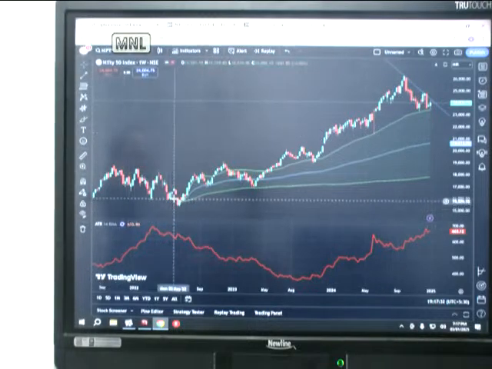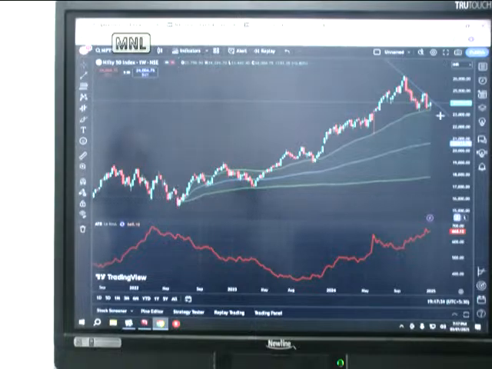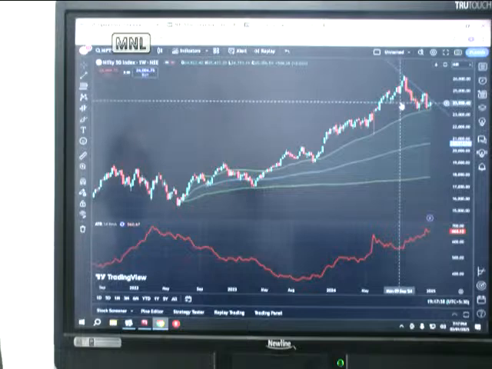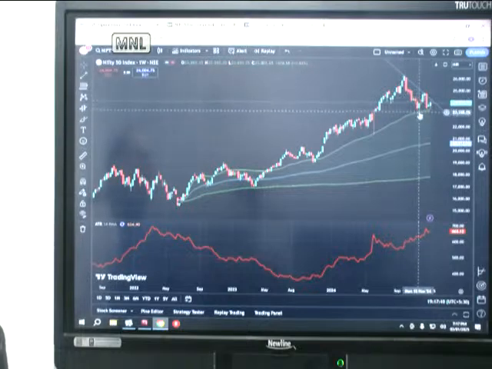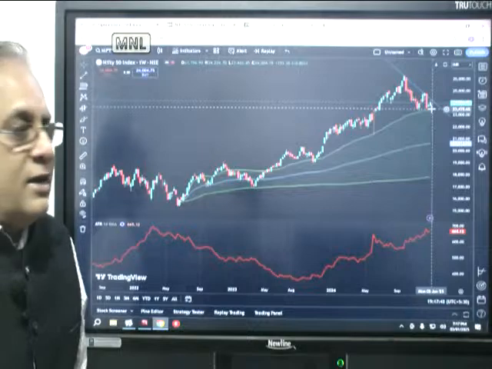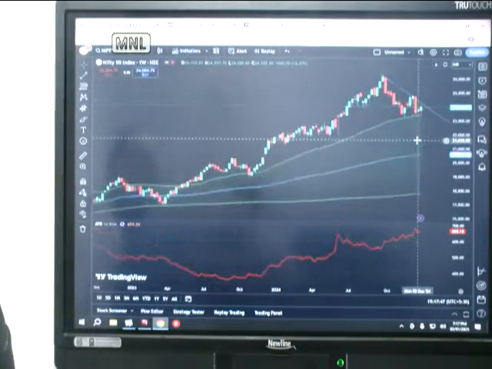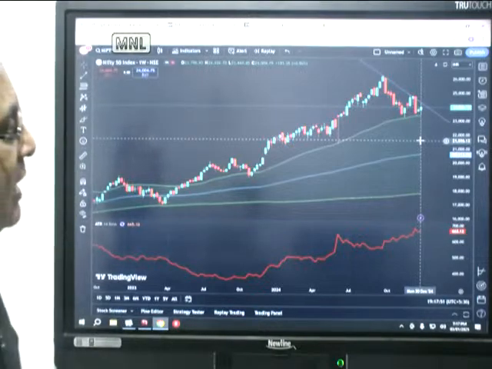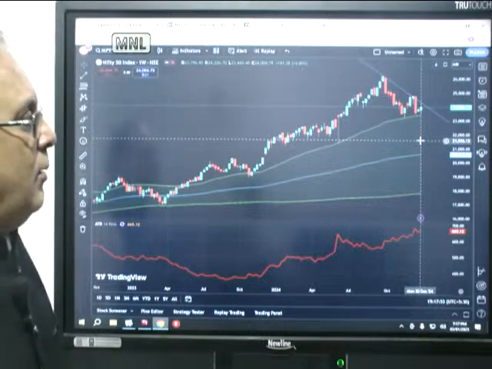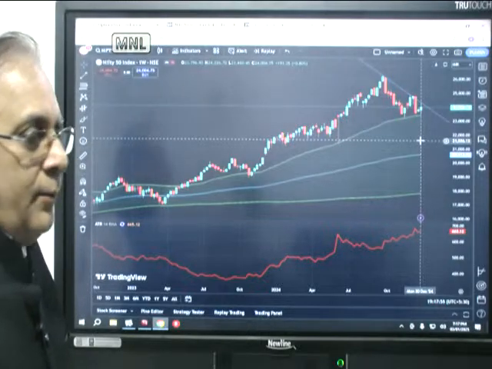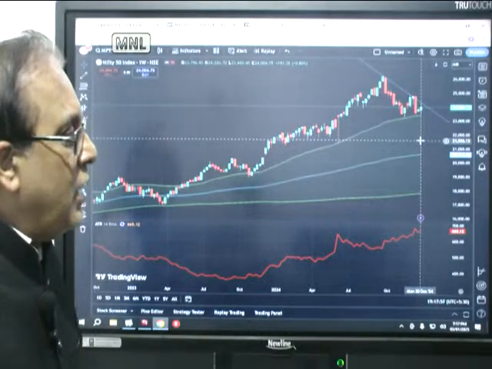When we anchored it to this important low, it went much above the one standard deviation of this. So when it started to fall, it just took support closer to the one standard deviation. So there is a good support level right now, and even during this particular fall, it took support at this level. So we have to probably be on alert for the start of a bullish move.